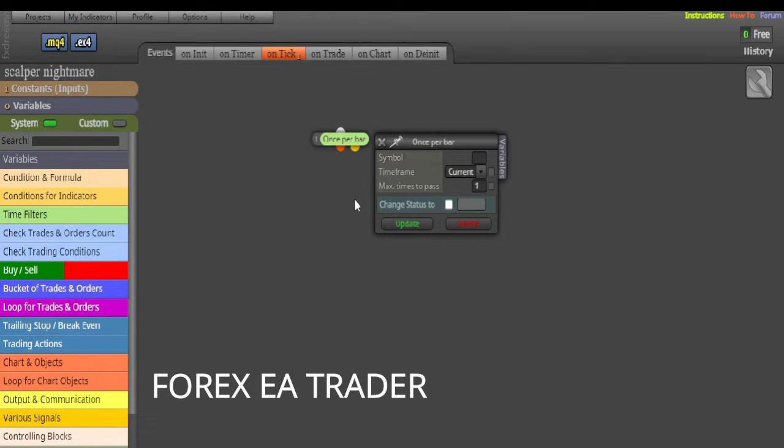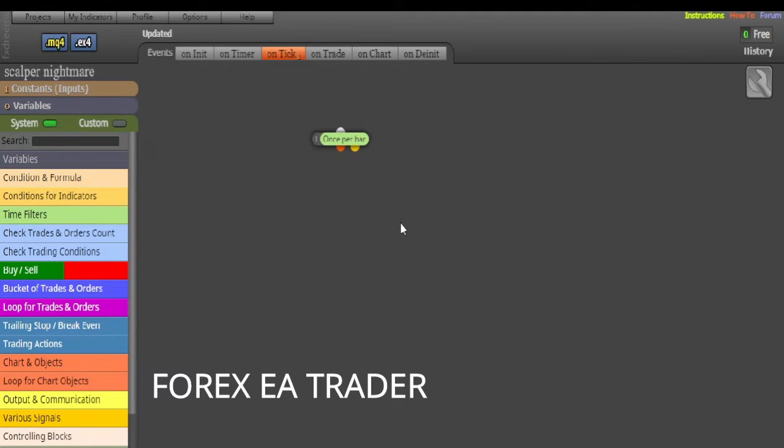How many times do you want the robot to check that bar? For me, once is enough. If the signal is not there on that bar, let's move on. Let's wait for the next bar. Maybe you want it to check a couple of times. You can easily change the value here. So I will leave it at that.